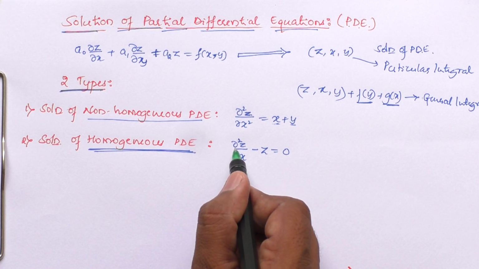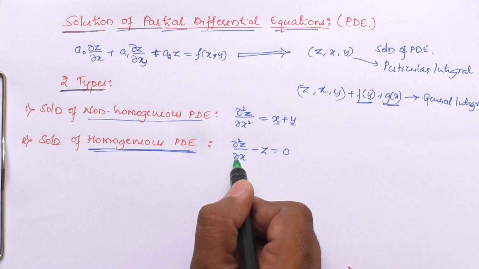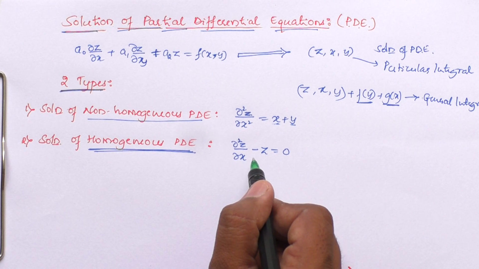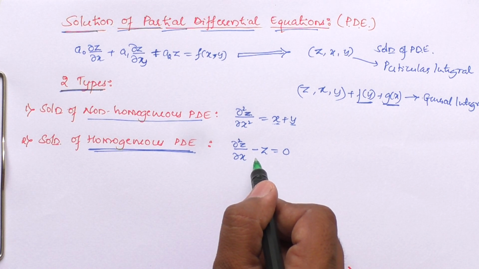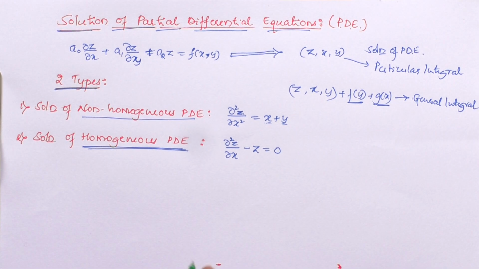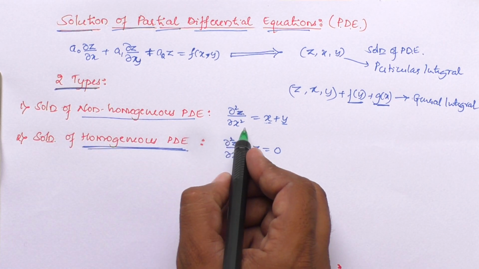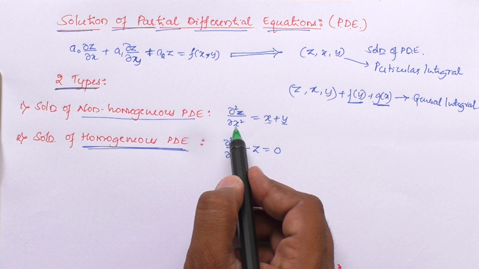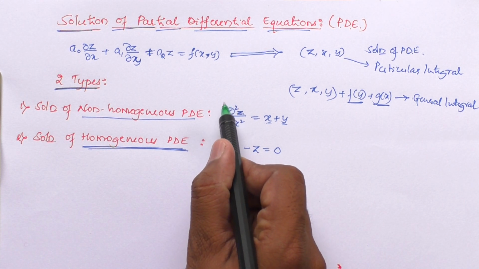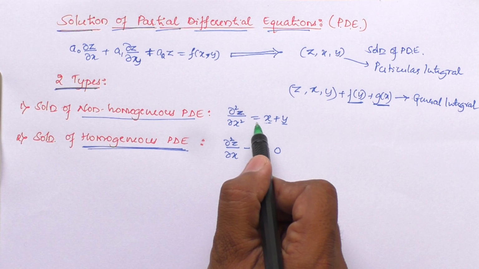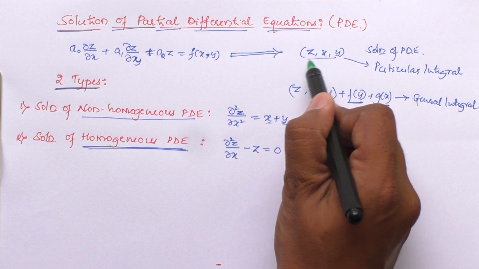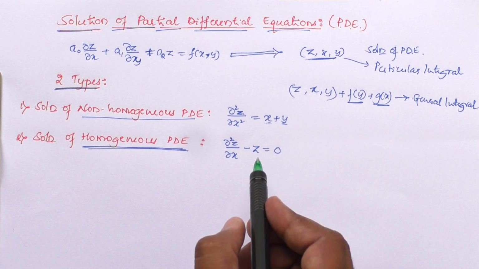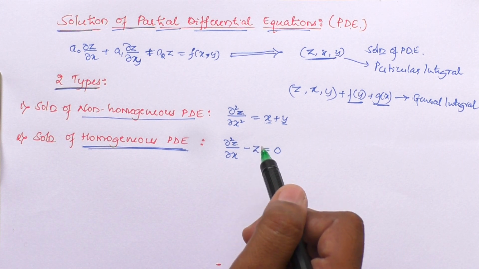That is, we first substitute the derivative d by dx as capital D. After substitution, we go for the auxiliary equation, roots of the auxiliary equation, then the nature of roots, and we write the solution. In the case of non-homogeneous PDE, whatever derivatives are there, like ∂z/∂x or ∂²z/∂x², through direct integration we remove the differential operators and get the solution z as an expression in terms of x, y. That itself is called the solution of non-homogeneous PDE.